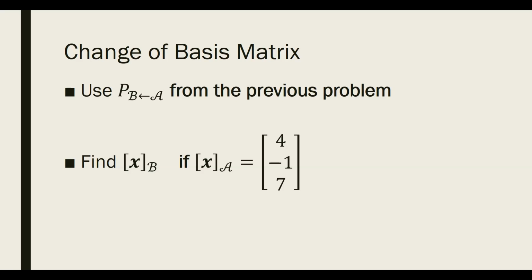So this would be like we have the vector x is a linear combination of 4 times A1 minus 1 times A2 plus 7 times A3. And we want to translate that into a coordinate vector with respect to basis B. Try to figure out how you would do that using the matrix we had from the previous problem. Go ahead and push pause on the video.